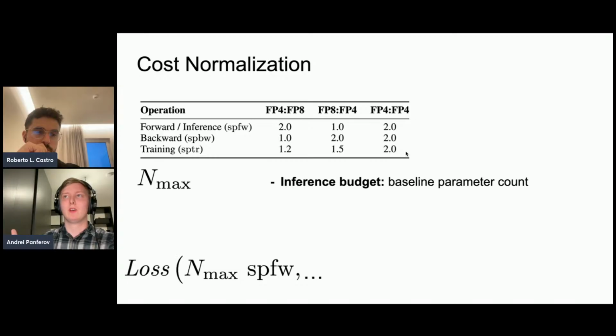And as such, you can easily linearly characterize inference budget, in a sense, as the parameter count in some baseline precision.